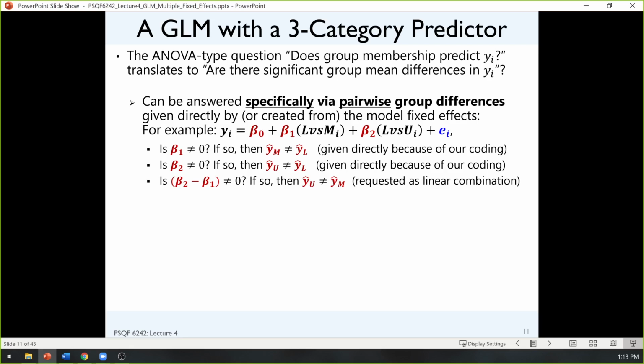So this is our first instance in which a model and a slope don't have a one-to-one correspondence. Our model at this point has two slopes in it. So if we want to talk about how good the model is, that is the same thing as saying how much does working class predict income.